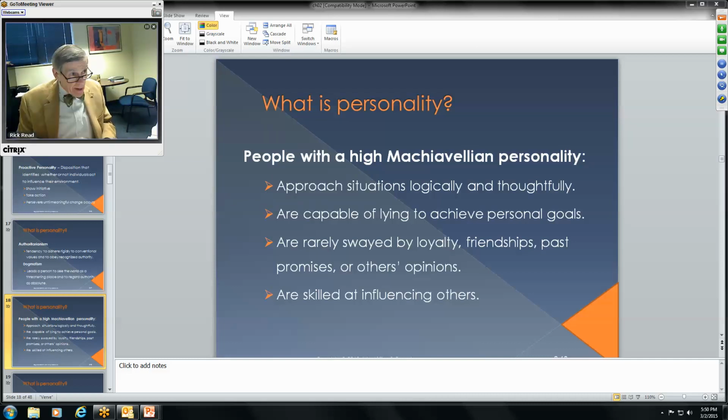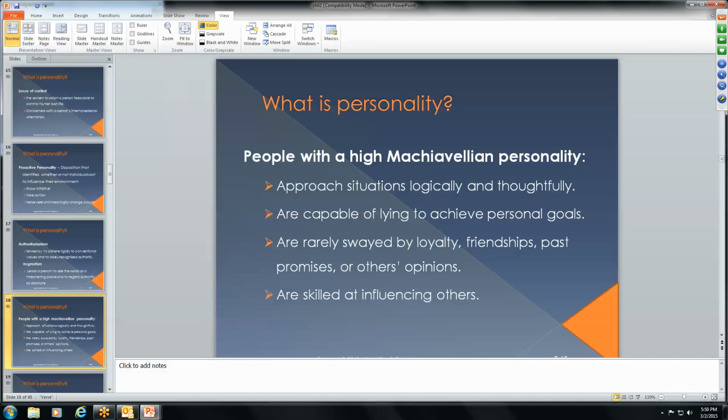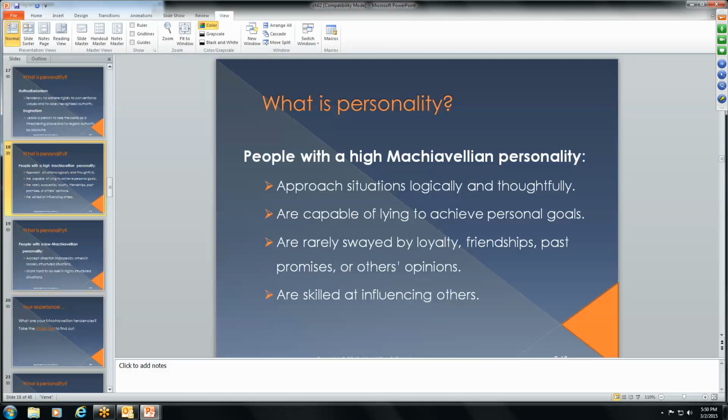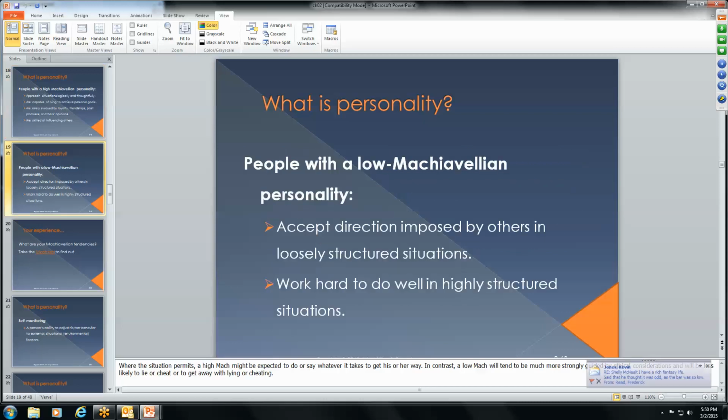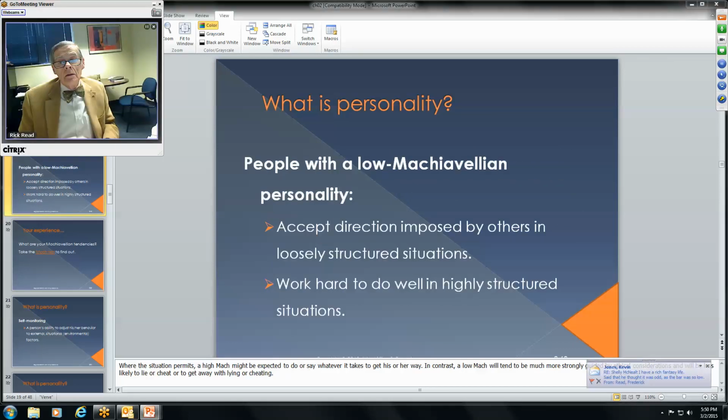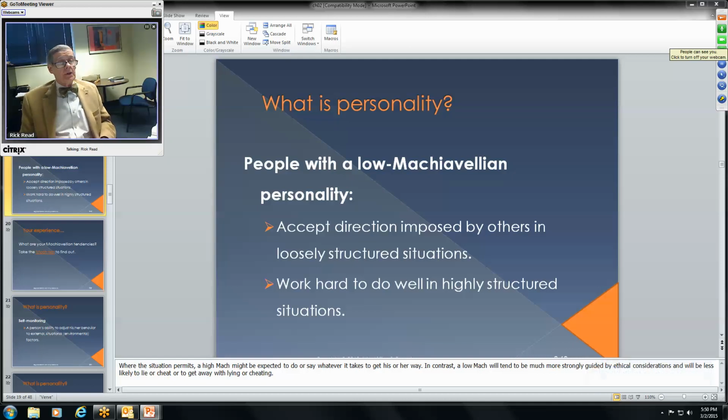It'll give you some kind of an idea about what he is and how he acted, etc. People with low Machiavellianism, notice they accept what other people tell them to do in unstructured situations. And in reverse, they'll work very hard in structured situations to achieve end results.